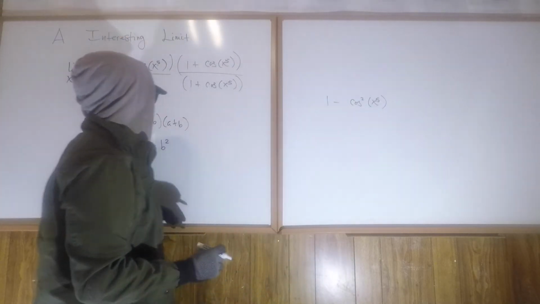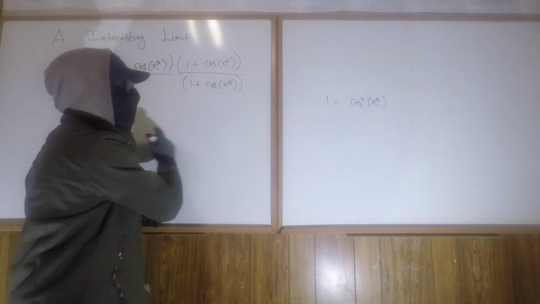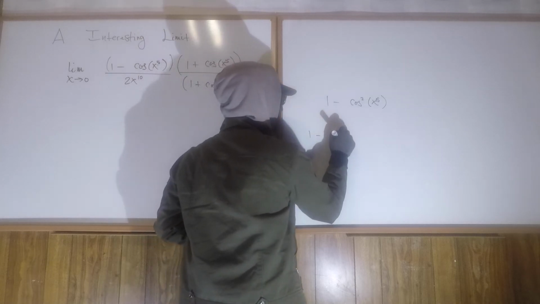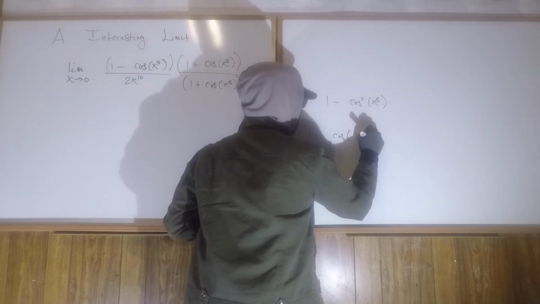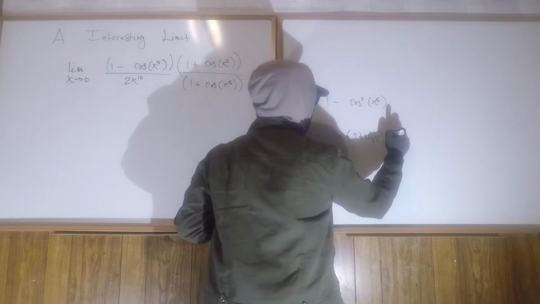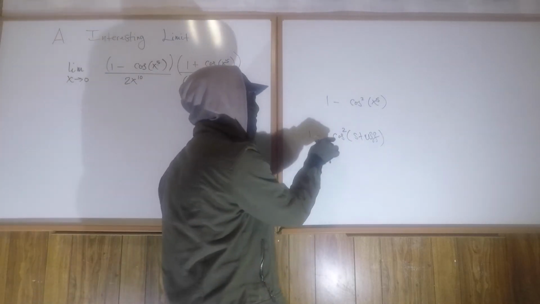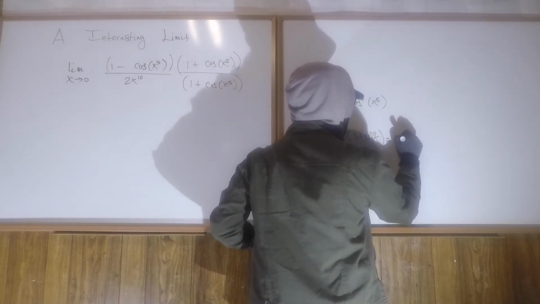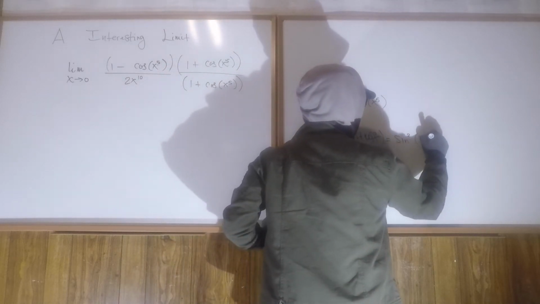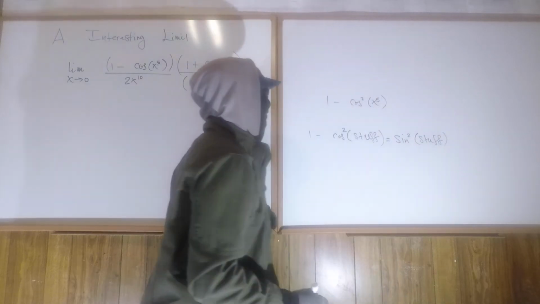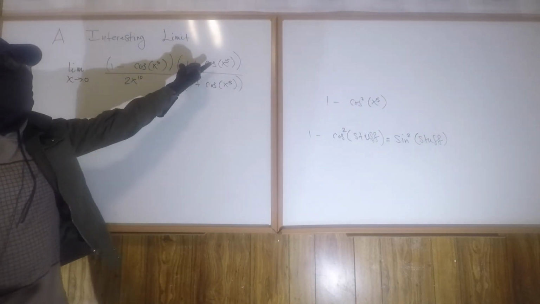Now we know from trigonometry that 1 minus cosine squared of stuff, sorry guys, is equal to sine squared of stuff. And that's the insight that told us we should multiply the numerator by this.